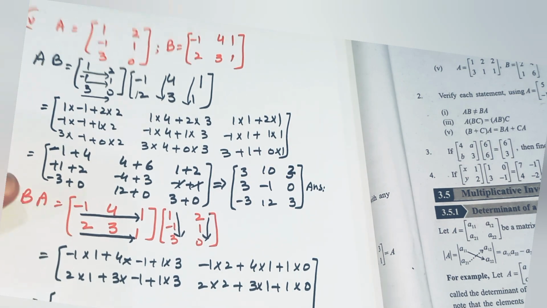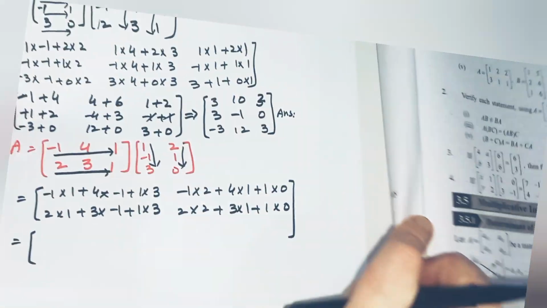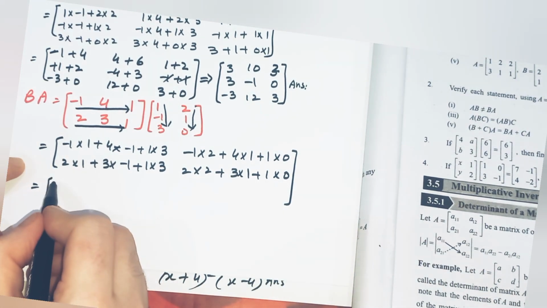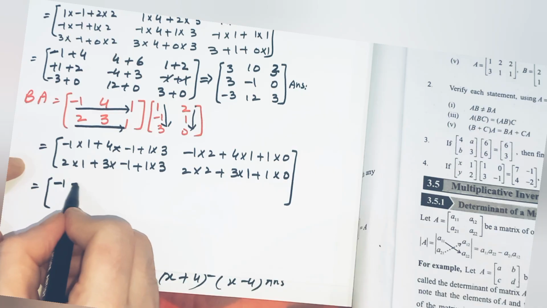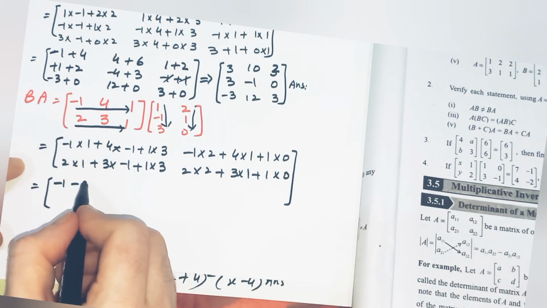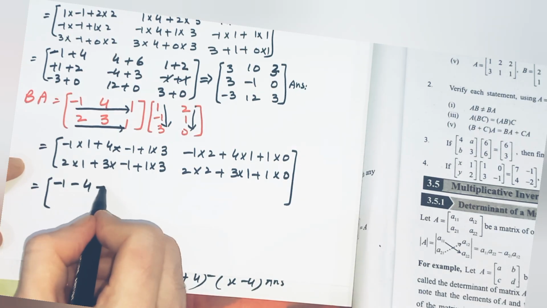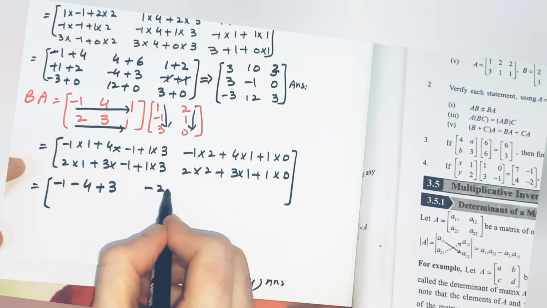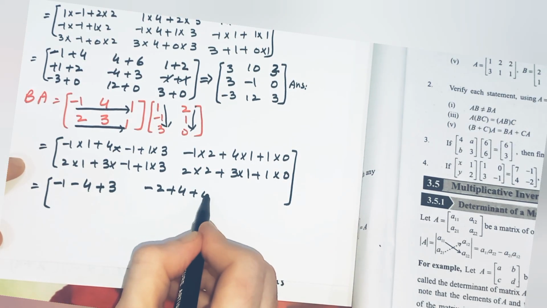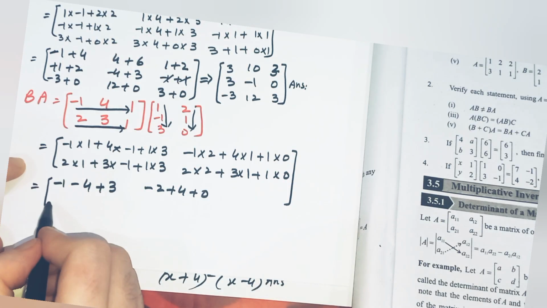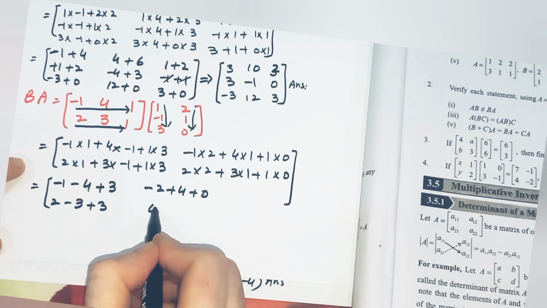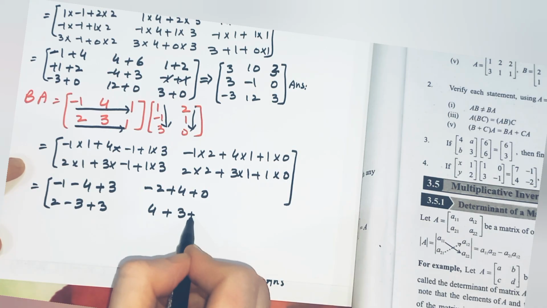All right, the next step is: minus 1, that is also minus plus minus, minus 4, 3, minus 2, 4, 0, 2, 3, 3, 4, 3, 0.